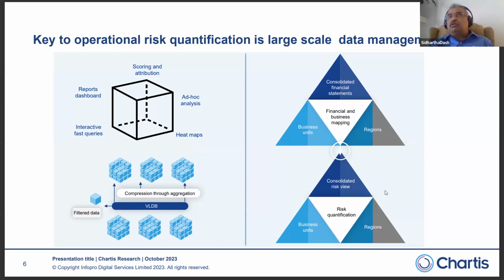Being able to take this commercialized operational data, the benchmarks that have been developed and are being developed in this, is going to be the critical differentiator in being able to quantify, analyze, score, and attribute operational risk elements going forward.